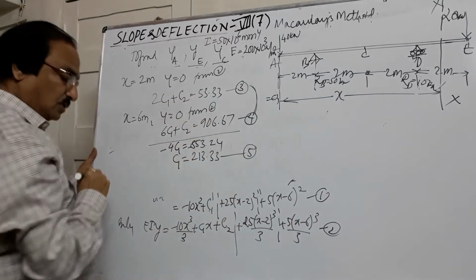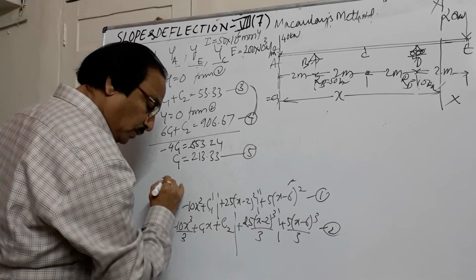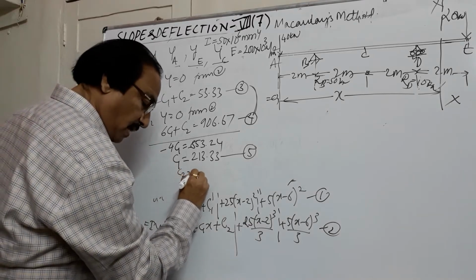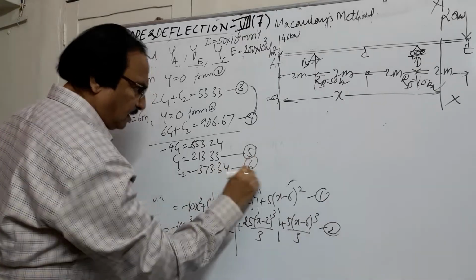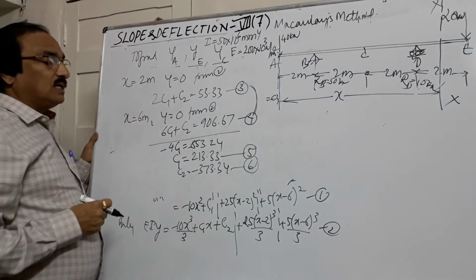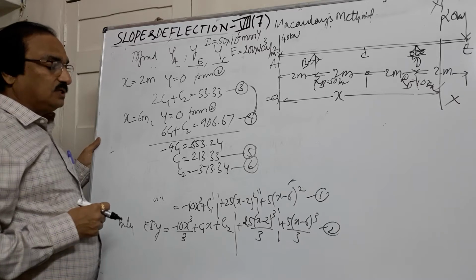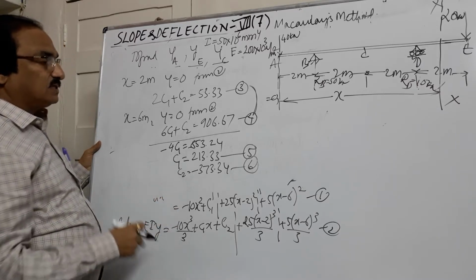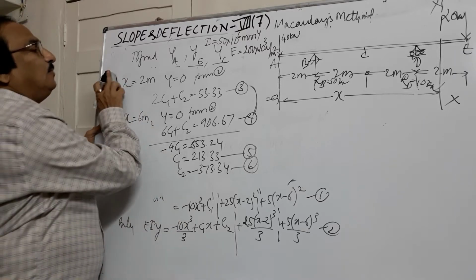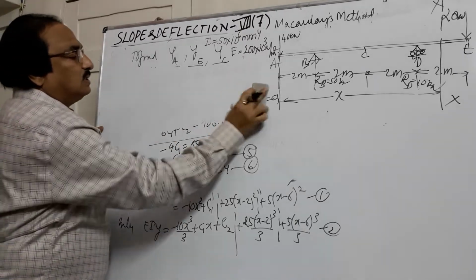So substituting this value in the upper equation, you get C2 will be equal to minus 373.34. So you get C1 and C2. Once you substitute this C1 and C2 in the slope and deflection equation, you can find out at any point what is the slope and what is the deflection.